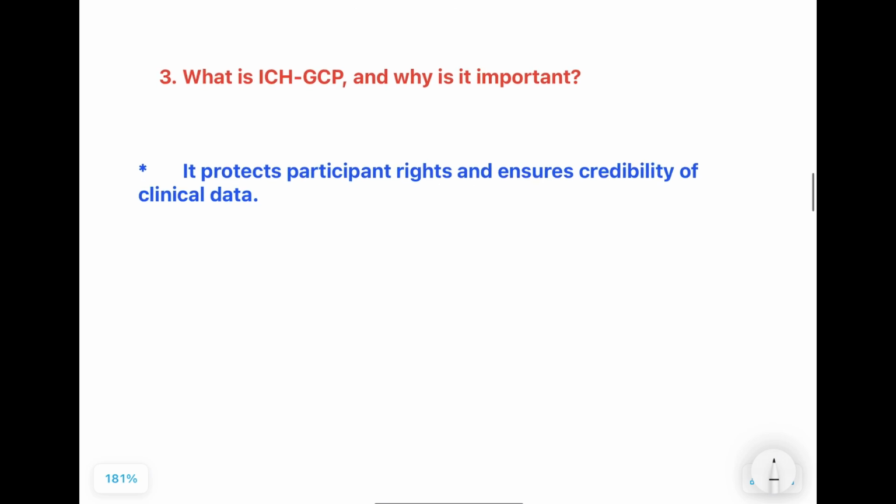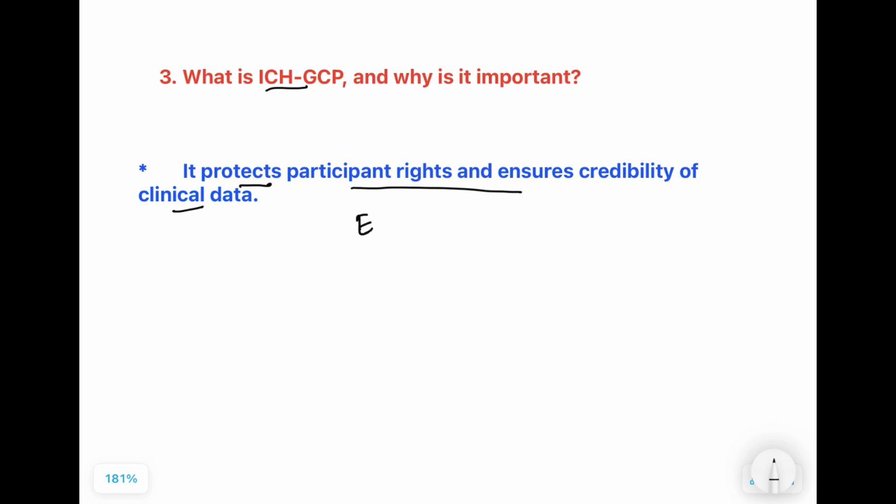Next is, what is ICH-GCP? Why is it so important? This is unavoidable. Even if you go for a leadership role, this question can come your way. And this is because ICH guidelines are the foundations of clinical research. They are there to protect the participants' rights and ensure the credibility of data.